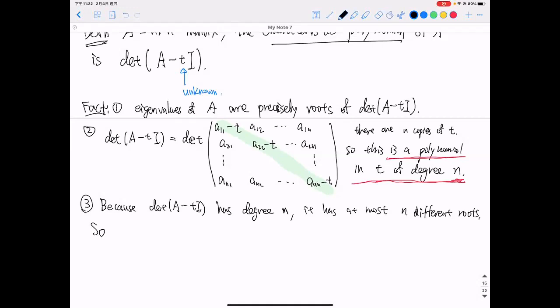And the roots are exactly the eigenvalues of A. So A has at most n distinct eigenvalues.